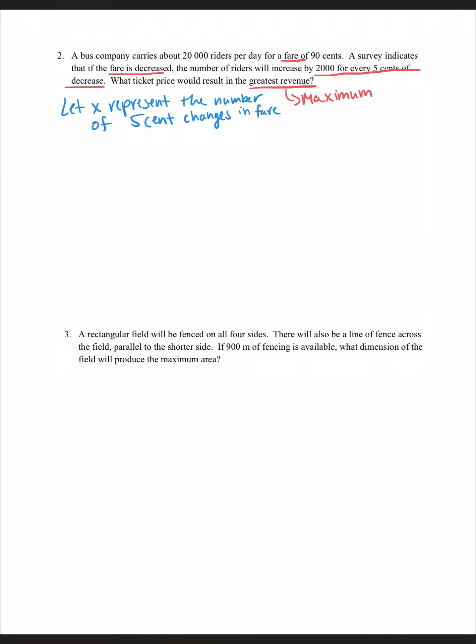So if X was 2, that means there was a 10 cent change in fare. If X was 4, there's a 20 cent change in fare, and so on. If we're trying to determine our revenue, we have to remember, how would we calculate revenue? Well, revenue is going to be equal to whatever the price is being charged times the number of riders.